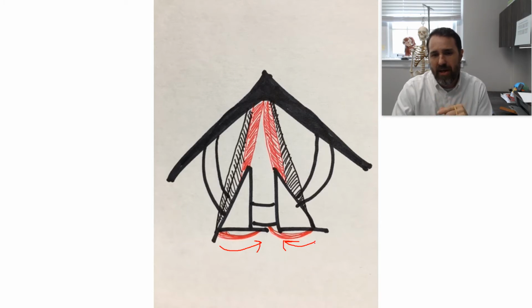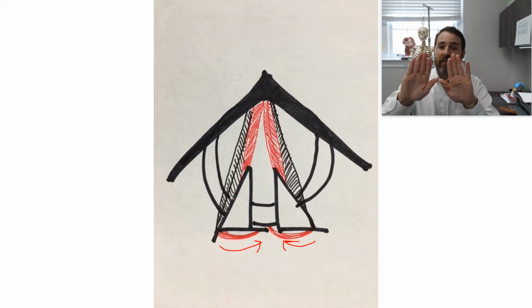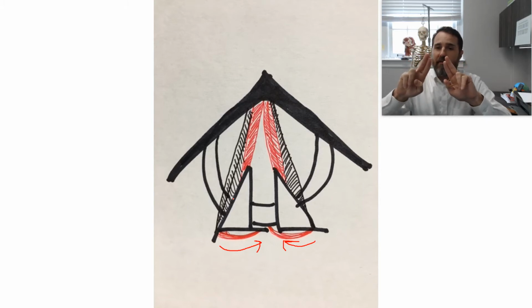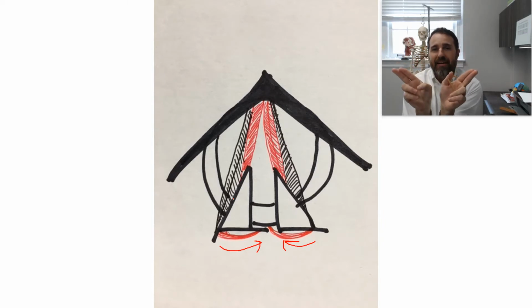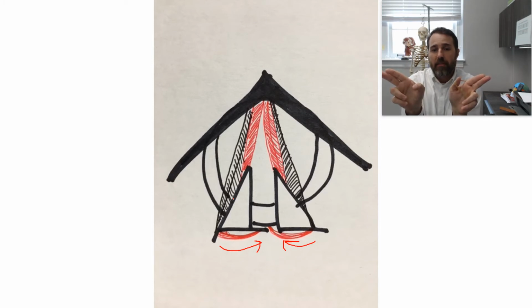If this muscle contracts, it is going to pull this side of the arytenoids in. It's going to rotate the backs of the arytenoids in. And if you see my fingertips, if this is where the vocal folds are attached to the arytenoids, and the posterior cricoarytenoid contracts and rotates the back inside like that, then the tips of the arytenoids are going to be moving away from each other.